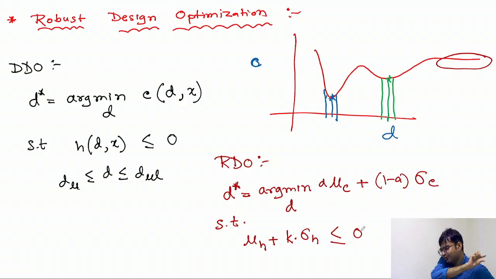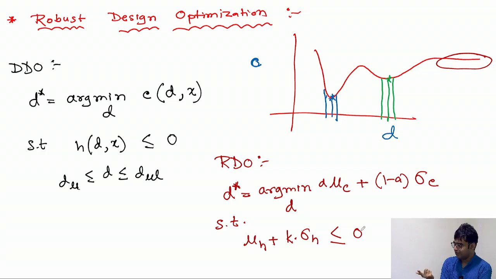C and H, I will do a Taylor series expansion and take the mean of that, and take the variance, standard deviation of that, and that will solve it, right? That will give me mu C, mu H, sigma H. H also I will do the Taylor series. Like how will you find the probability of reliability? We'll do Taylor series, same thing.